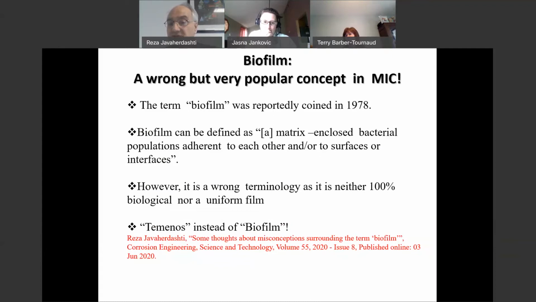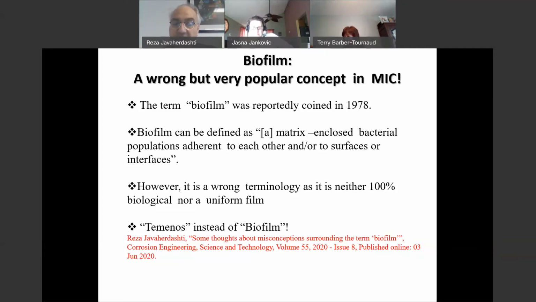Biofilm is referring to bacterial establishments. It was coined in 1978, and it is defined as a matrix-enclosed bacterial film in which bacteria are sticking together and via several processes can induce corrosion. However, the very term biofilm is not correct because it is neither 100% biological nor a uniform film.